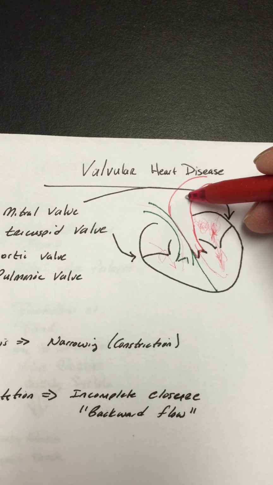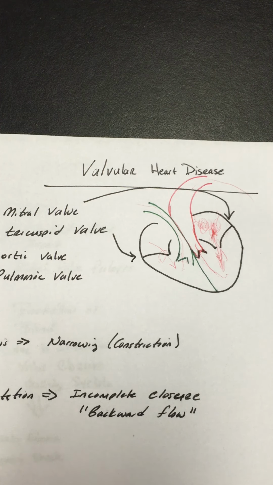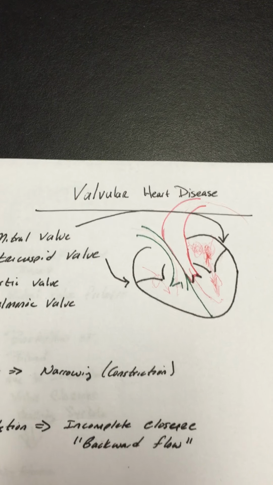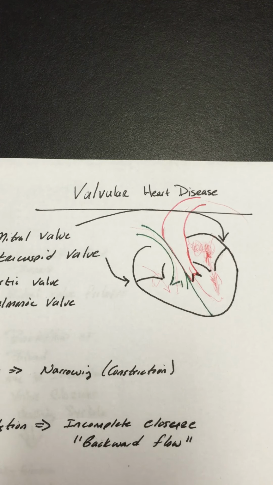If you have decreased cardiac output, decreased blood supply to muscles, you have fatigue. If you have this blood accumulating in the lungs, you'll have difficulty breathing, especially if you exert any type of force. Therefore, you'll have exertional dyspnea.